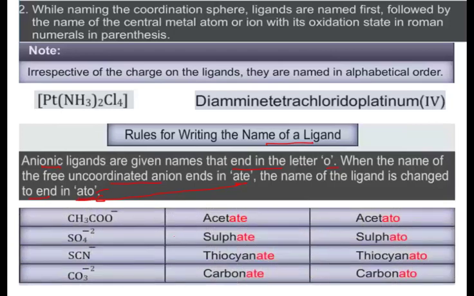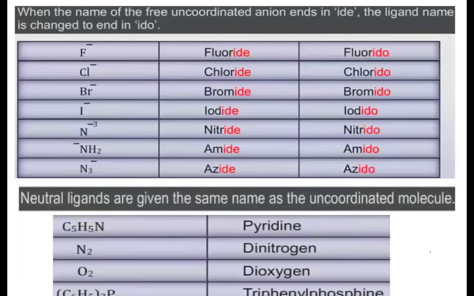The examples are given. The first one is acetate. Its name is acetate, but when it acts as a ligand, within the coordination sphere, we will name it as acetato. Sulfate becomes sulfato. Thiocyanate becomes thiocyanato. In the same manner, carbonate will be written as carbonato. So again you have to learn these.